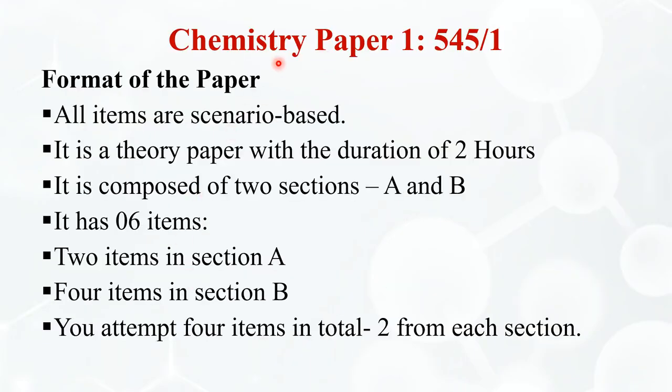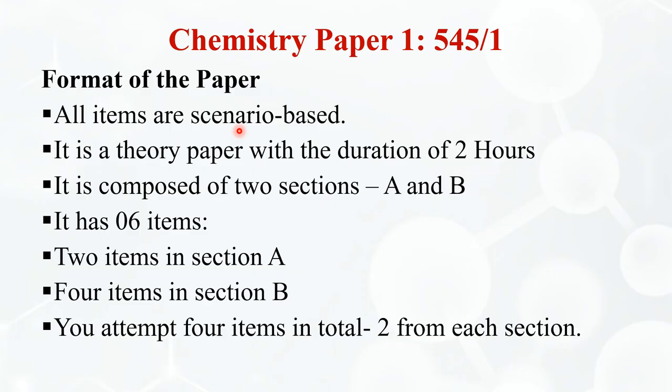Now, chemistry paper 1 has a format, and I believe by now we all should know that in chemistry paper 1, all items are scenario based. We don't have any item in chemistry which is just direct, where they say, what is chemistry?